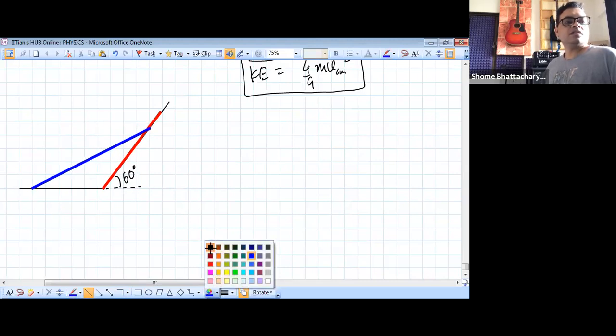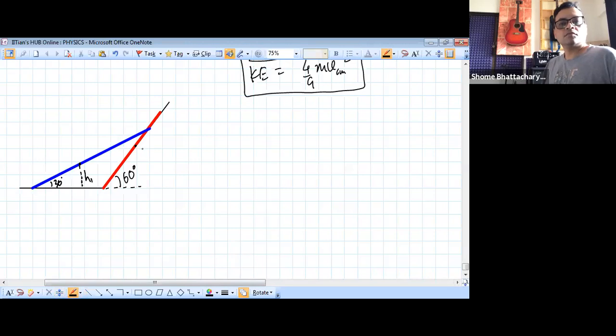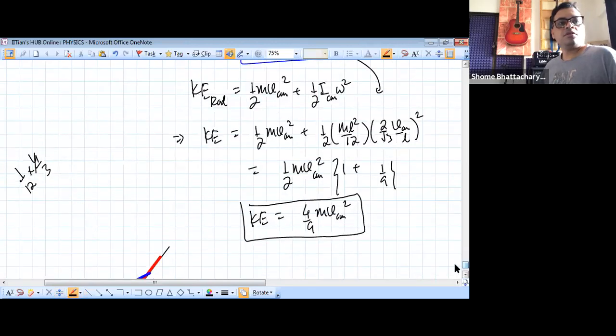So its center of mass is going from a state where it was here to a state where it is here. This is where the center of mass was, and now this is where the center of mass is. Oh, sorry, yeah, correct. It's 1 plus, not 1 minus.